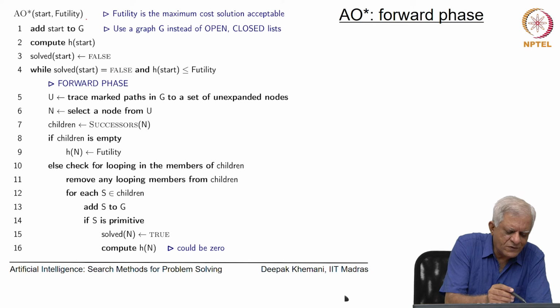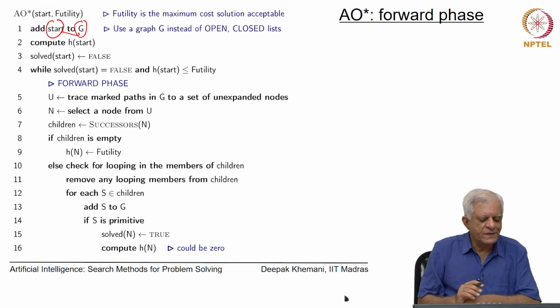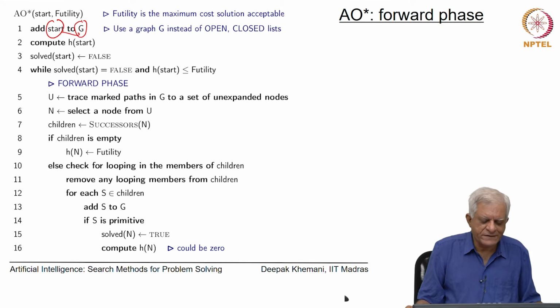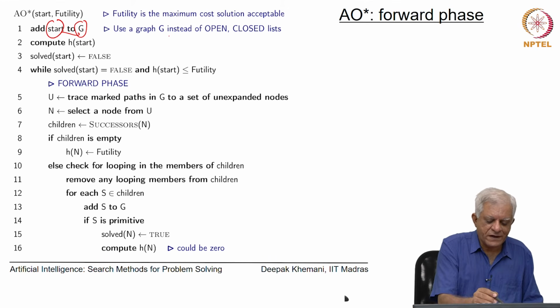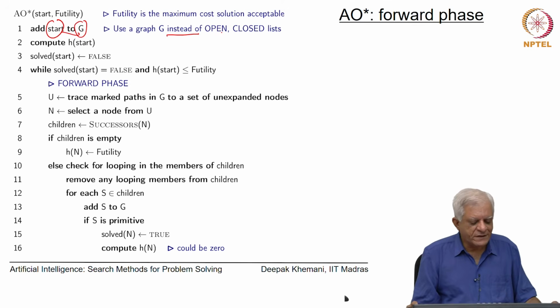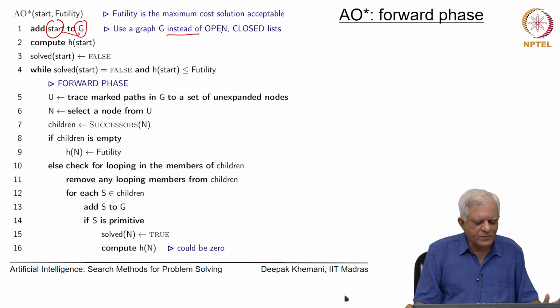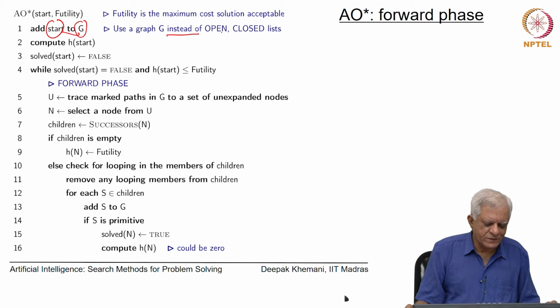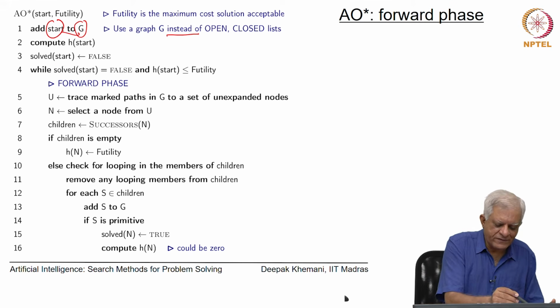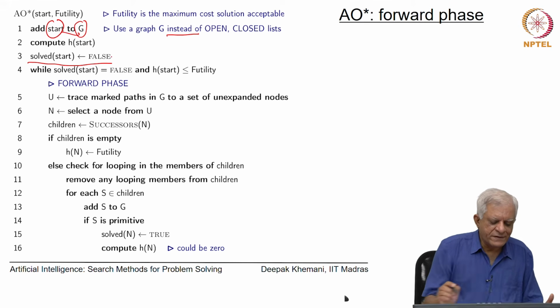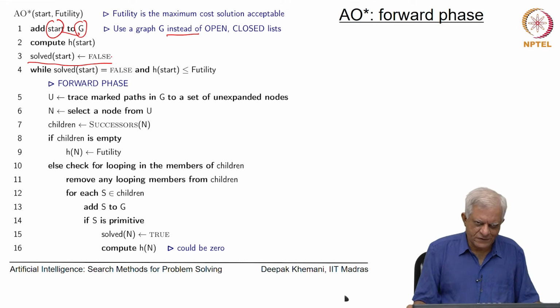Initially, at the very beginning, of course, we simply add start to the graph G. G here stands for the graph, and the only node we have is the start node in the graph essentially. So, as we said, we are using a graph instead of open and close like we did in the earlier algorithms. Compute the h value of start, which we assume for every node that we generate, and we say that it is live, and we say it by saying that solved status is false.